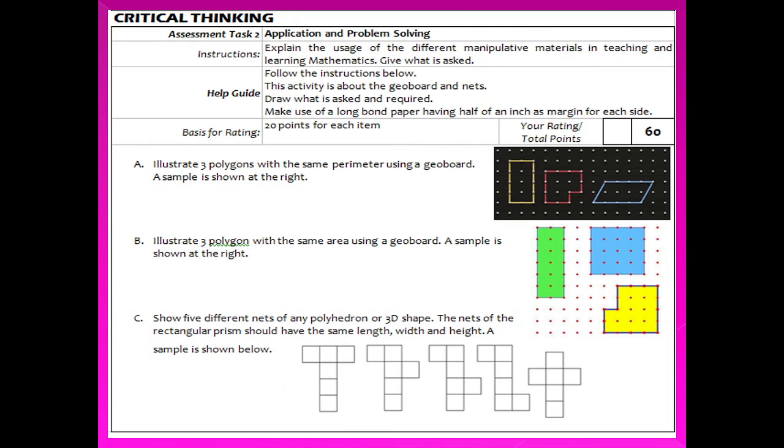Let's go to the critical thinking part. So I have here 3 activities sa critical thinking. Ang first one is this. Illustrate 3 polygons with the same perimeter using a geoboard. This is an example. I have here 3 polygons, and these 3 polygons have the same perimeter.